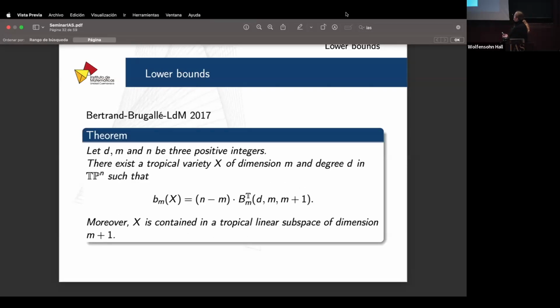Then what we prove is that given 3 positive integers, there exists a tropical variety X of the given dimension and degree in TP^n with exactly this top Betti number. And it is again contained in a tropical linear space of dimension n+1, where it is like a hypersurface in this sublinear space.